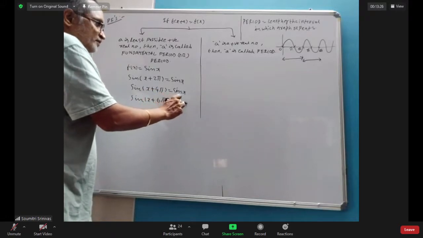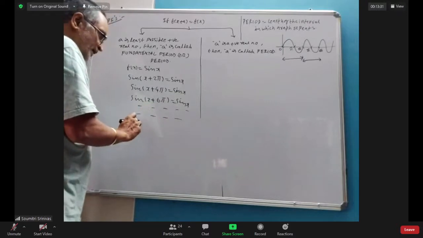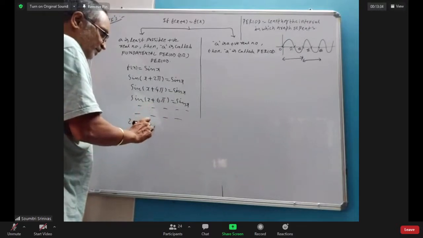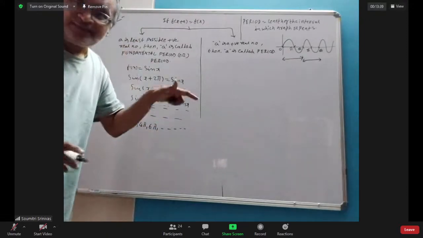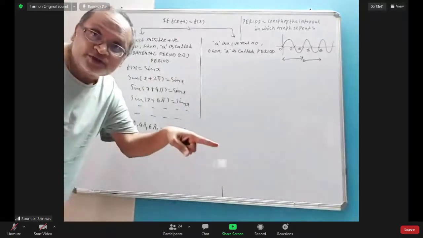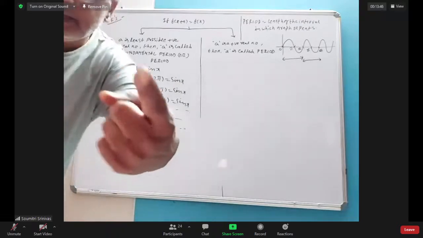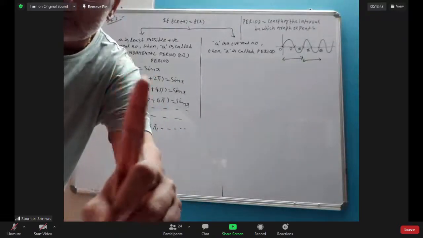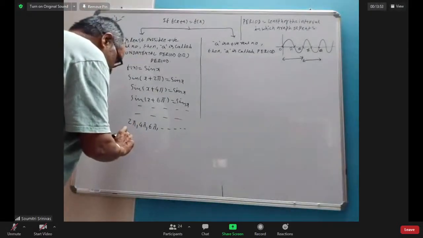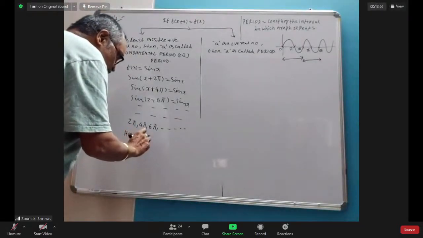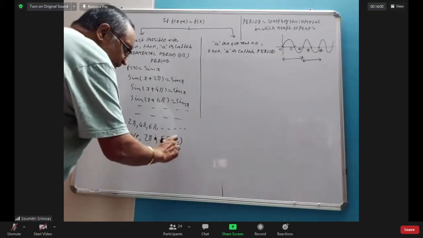In these, 2 pi, 4 pi, 6 pi, what is the least positive real number? 2 pi. So hence 2 pi is fundamental period or period.